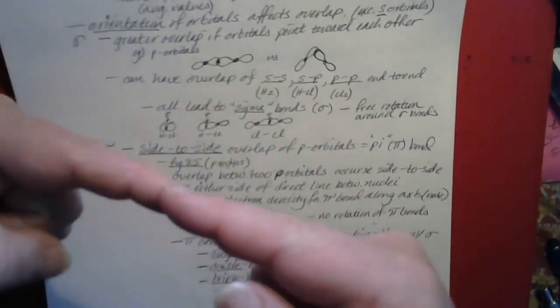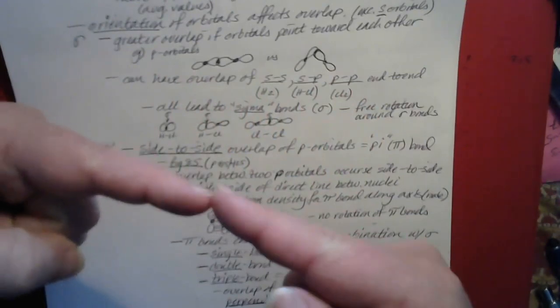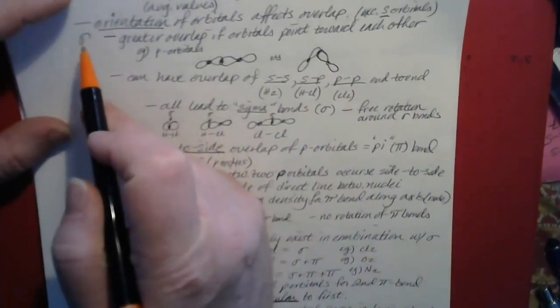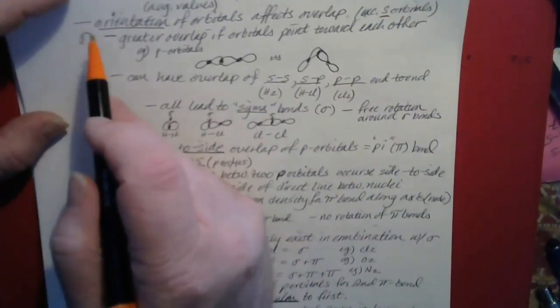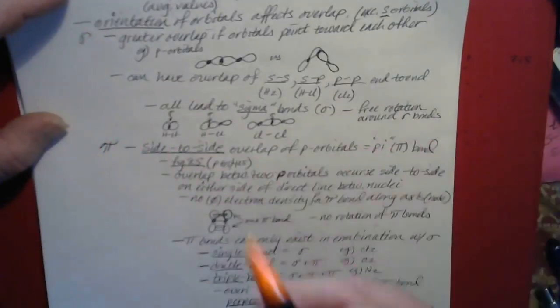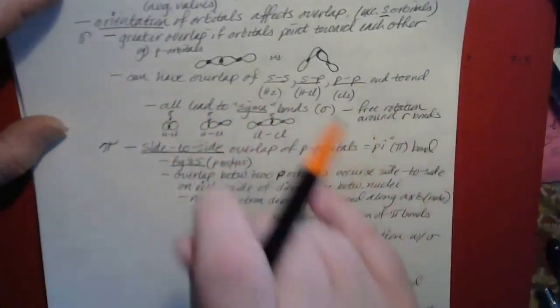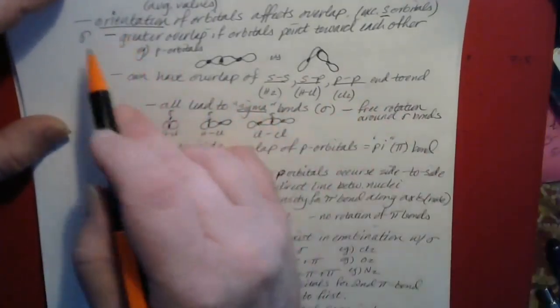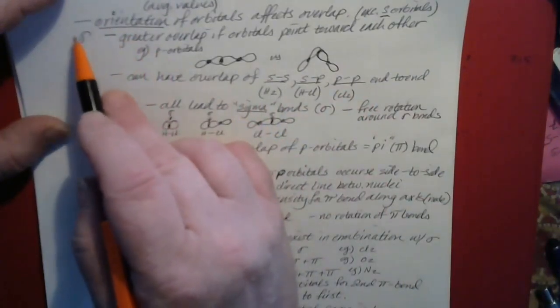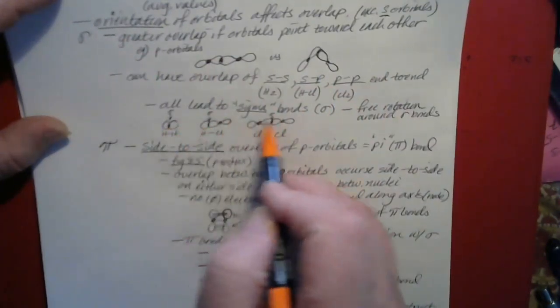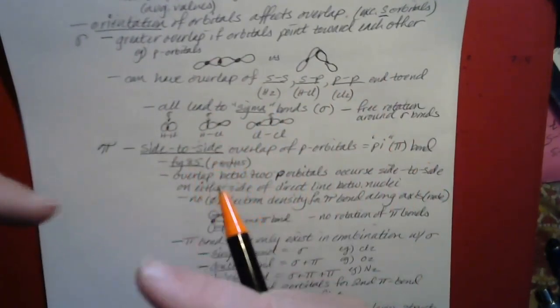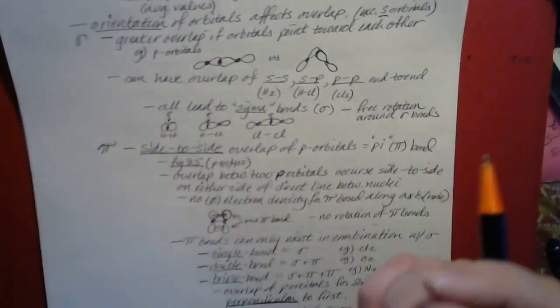These bonds that are formed by direct overlap between orbitals that are pointing right at each other are known as sigma bonds. The Greek letter sigma, which looks kind of like an r the way we draw it, but actually it's the Greek equivalent of s, presumably for single, is what we call those bonds that form between s and s, s and p, or p and p orbitals when they form by direct overlap of orbitals that are pointed right at each other.